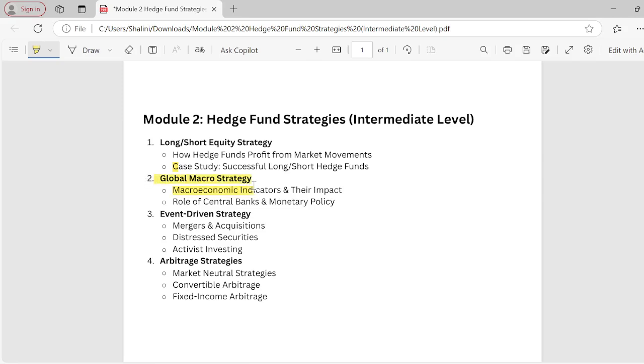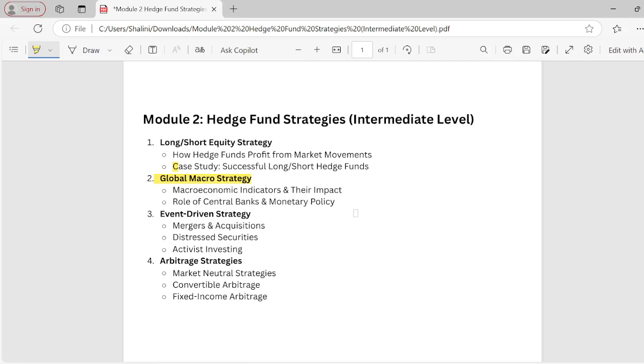Now the second thing is global macro strategies. How do hedge funds use macroeconomic indicators? Global macro hedge funds analyze economic trends at a global level, including interest rates, inflation, GDP growth, and trade policies.